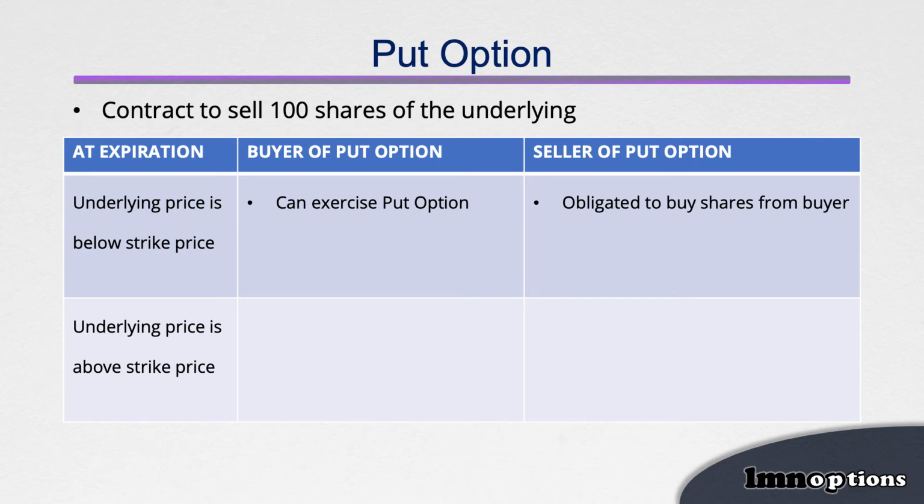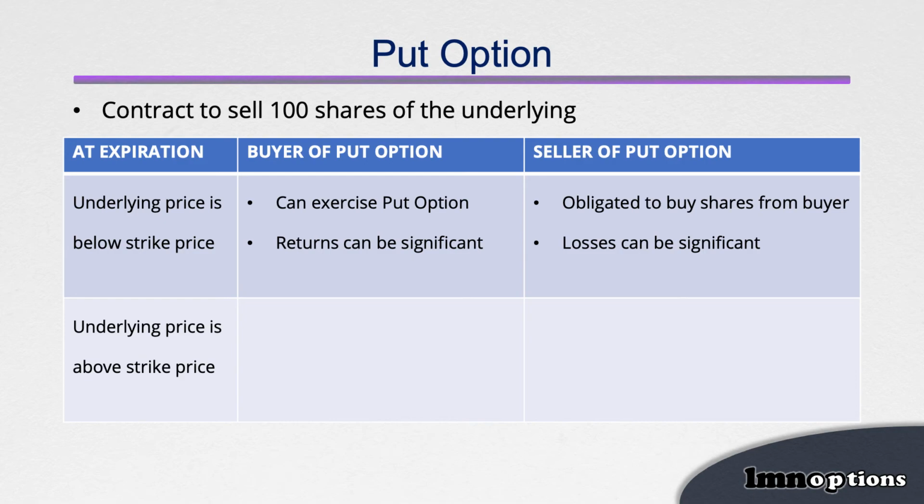The investment return to the buyer of the put option can be significant, as the share price of the underlying can fall to zero. If the share price of the underlying falls to zero, the loss to the seller of the put option can be significant.